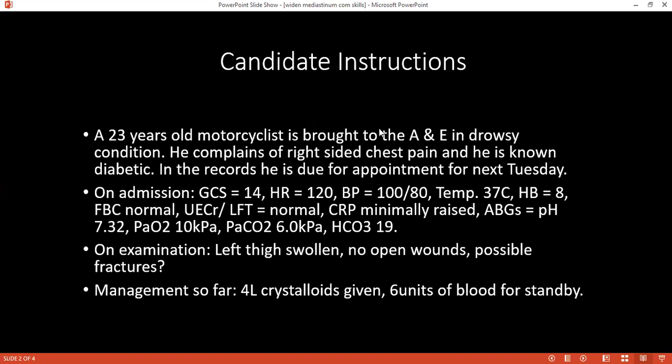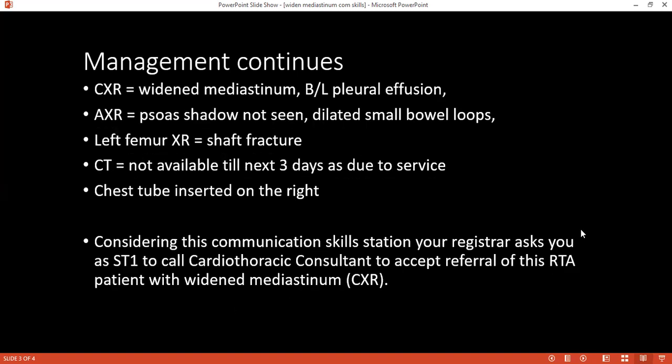So the answer will be that the chest tube will drain from the pleural cavity, not from the mediastinum. Okay, so who will you accompany this patient with? I will come with one of our anesthesia colleagues for intubation, or ITU colleagues. Okay.